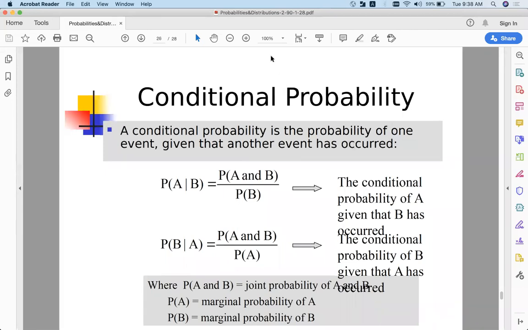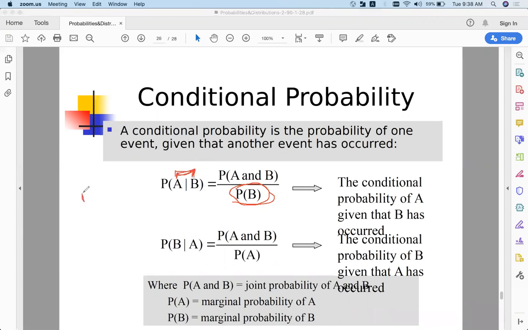Now what is the event that has occurred? The event that is coming in the denominator. This event has already occurred, and there is some relationship between event A and B. Let's say event B has occurred, and the occurrence of B has some effect on the occurrence of event A. Then I know these two events have some effect on each other, and I'm going to compute conditional probability.